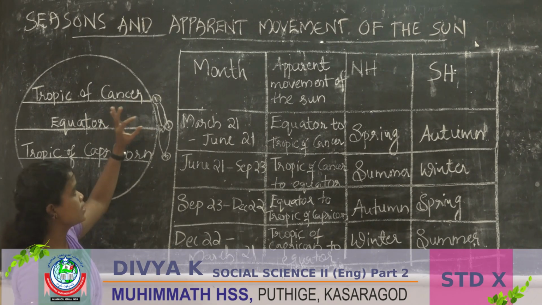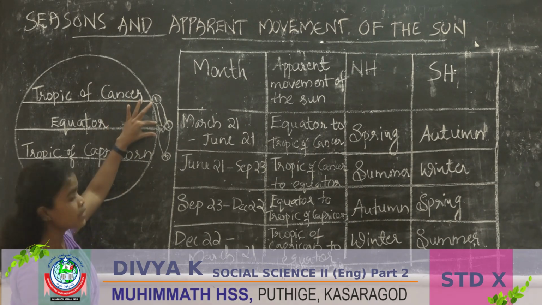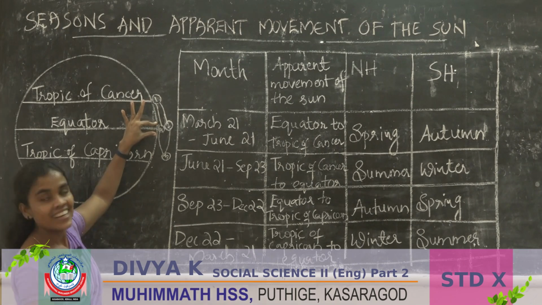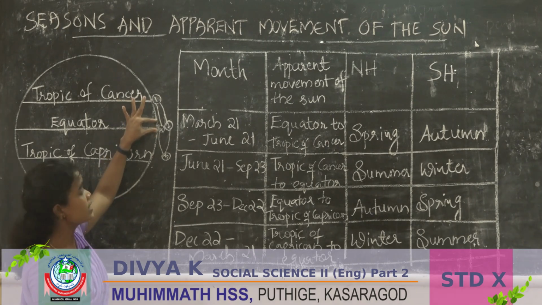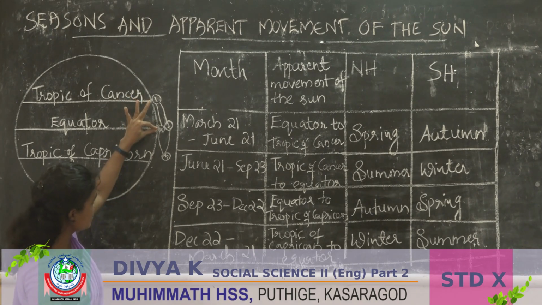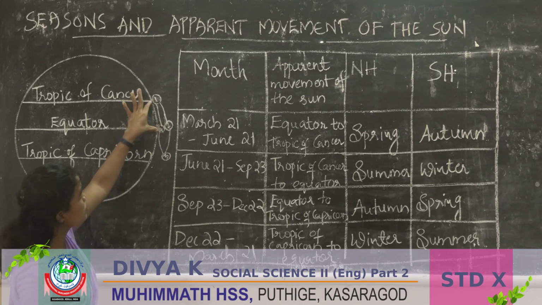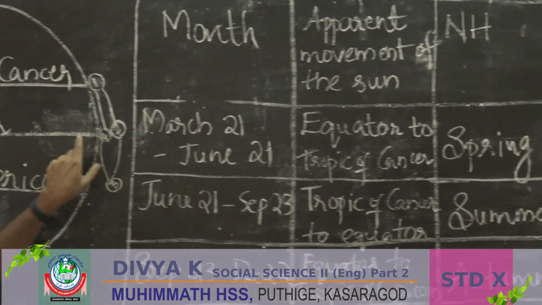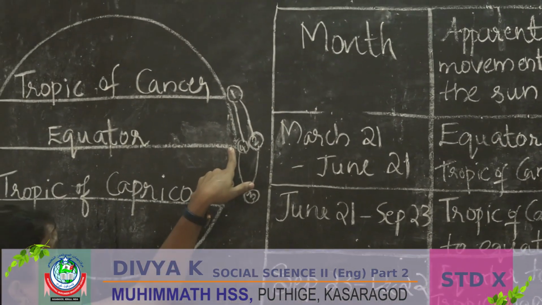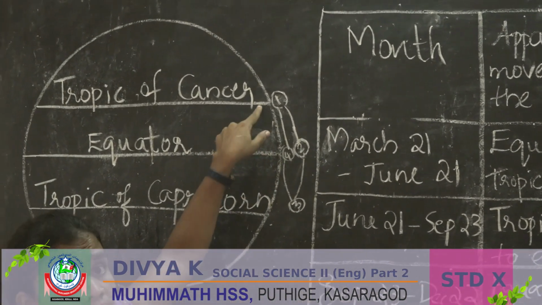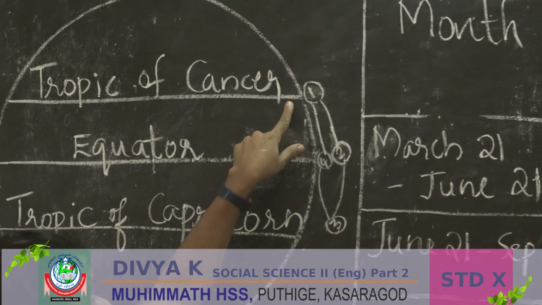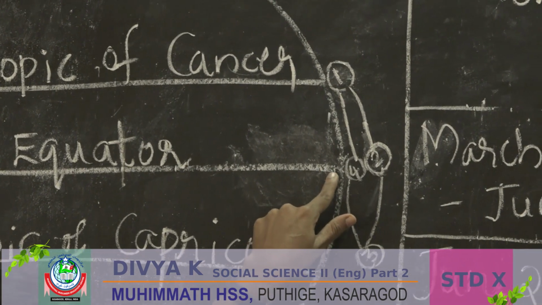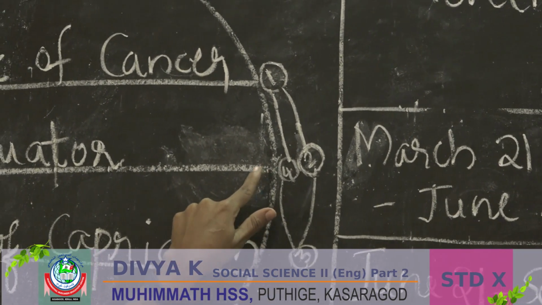Okay, let's discuss it in detail. The equator is the home of the sun. It starts its journey from the equator and moves northward. That is the first apparent shift of the sun, from where to where?